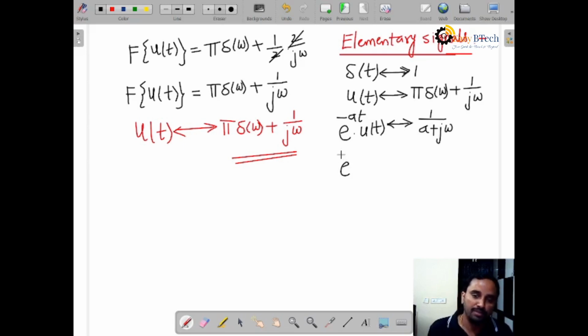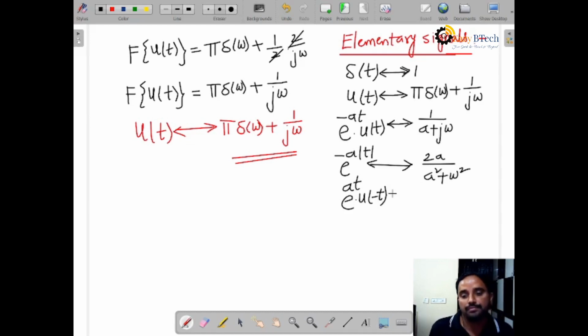And Fourier transform of e power minus a mod t is 2a by a square plus omega square. And Fourier transform of e power at u of minus t is 1 by a minus j omega.